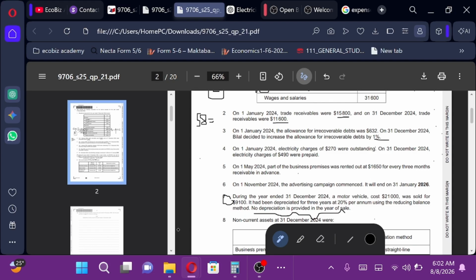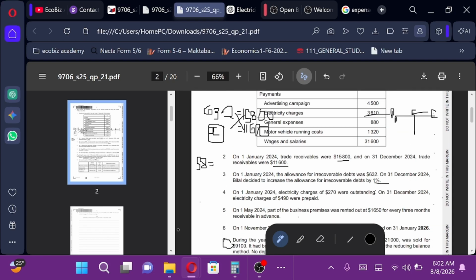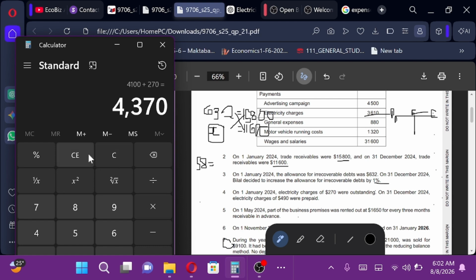So what we'll do, we take 3,610 subtracted by 270. We get 3,340. And then we have prepaid. Now, prepaid, as I said before, is the amount that we paid this year for next year's services.